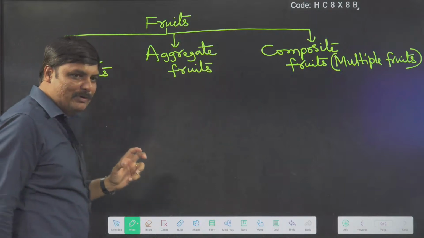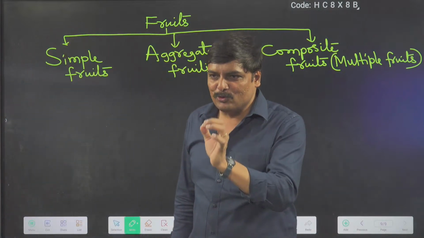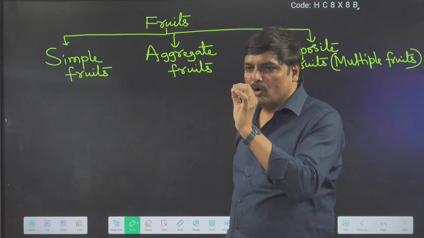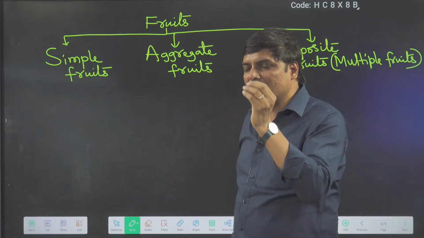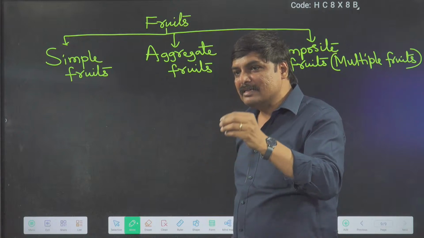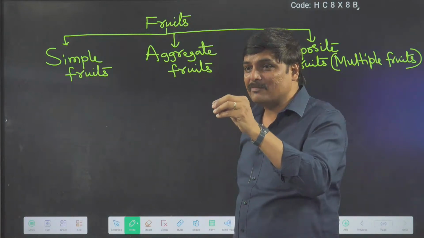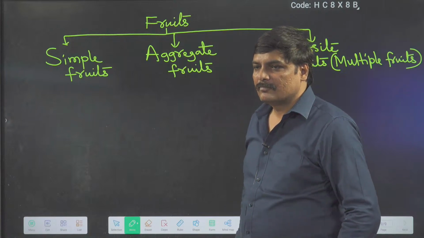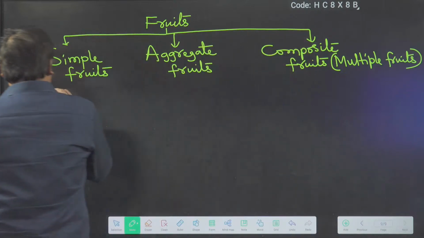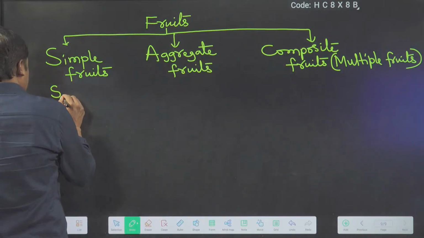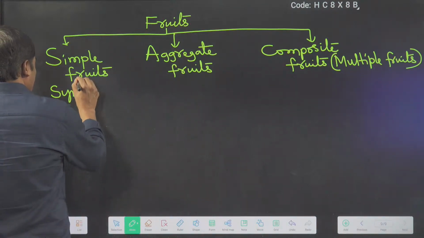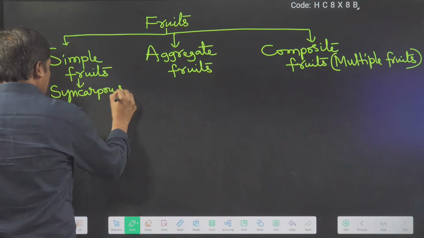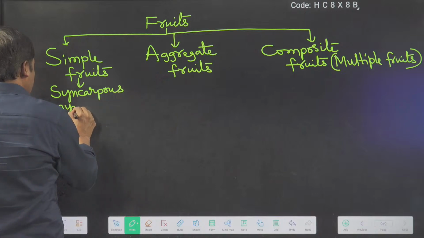What is a simple fruit? A fruit which develops from monocarpellary or multicarpellary syncarpous gynoecium of single flower. Syncarpous, you know already.